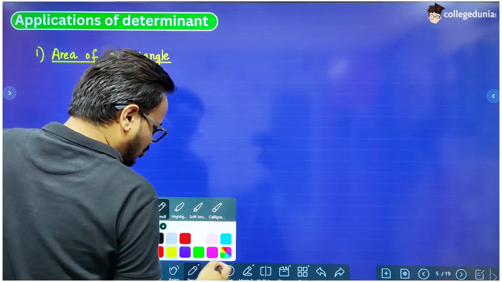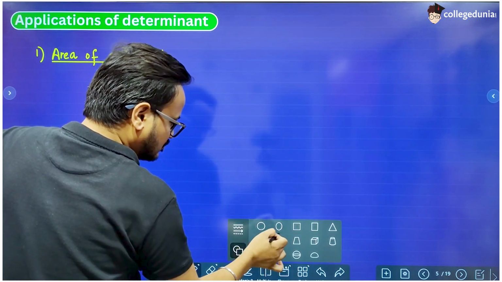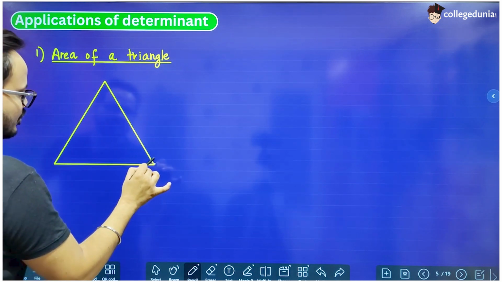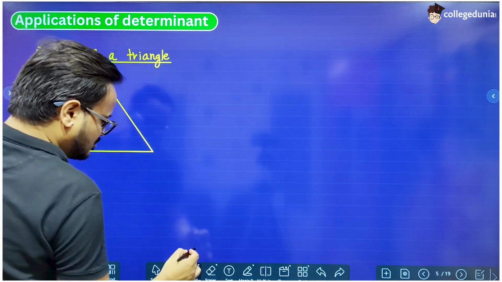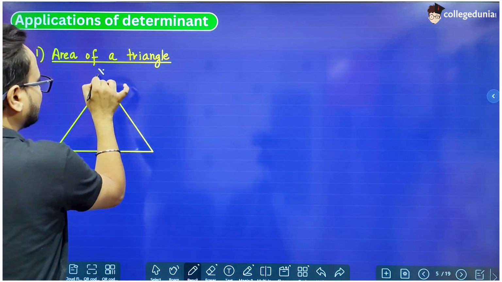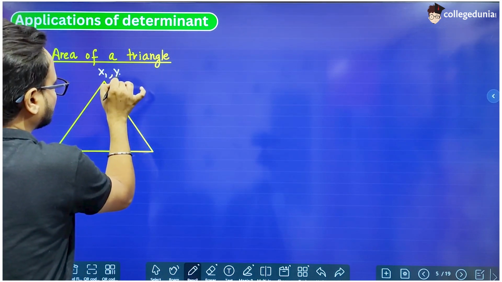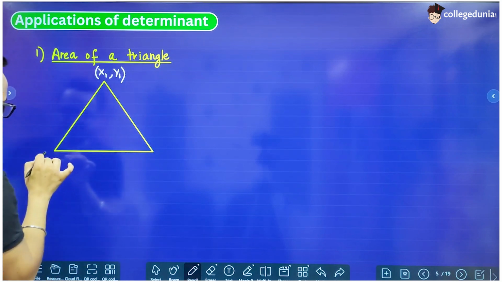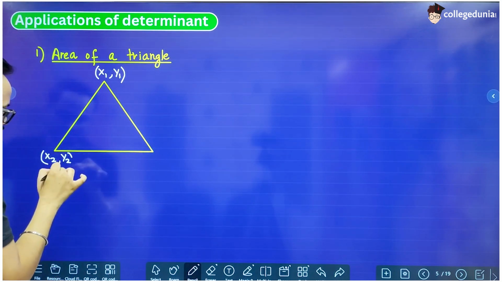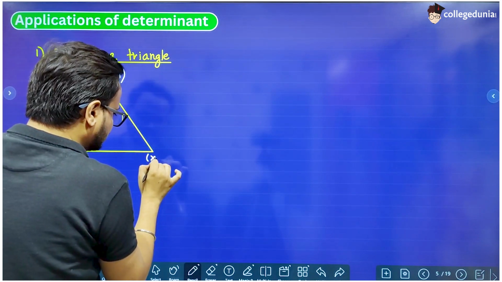Area of a triangle. Suppose we have a triangle with vertices x1 y1, x2 y2 and x3 y3.